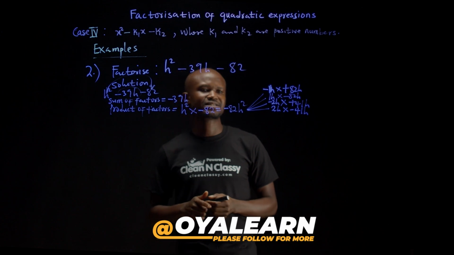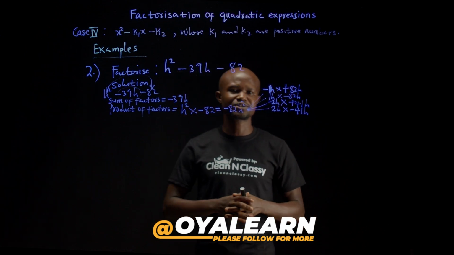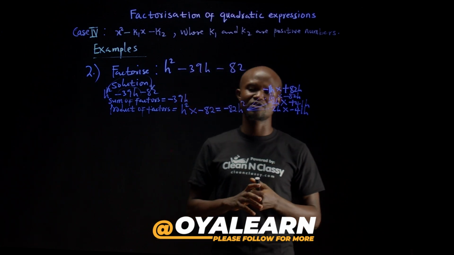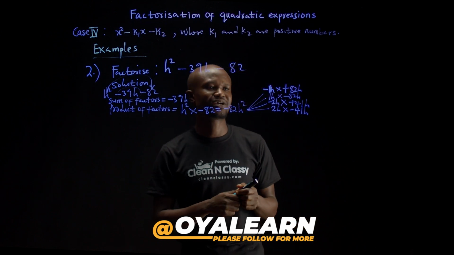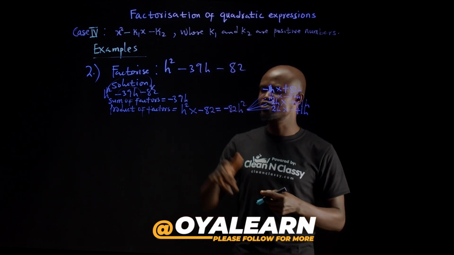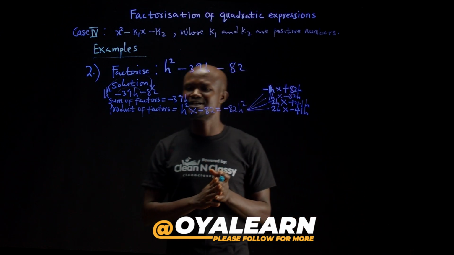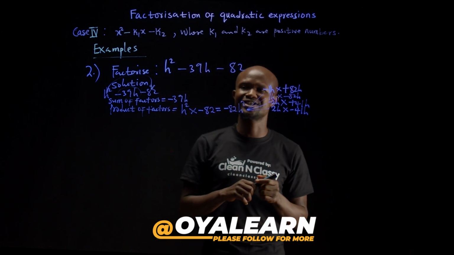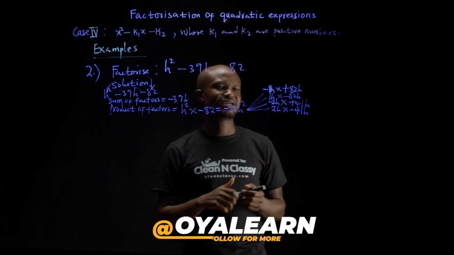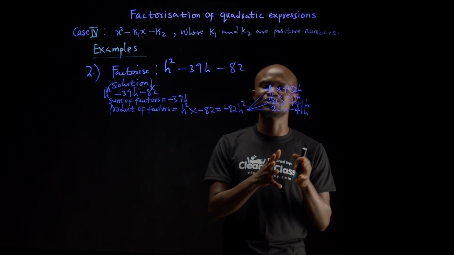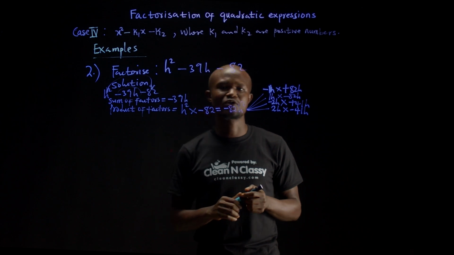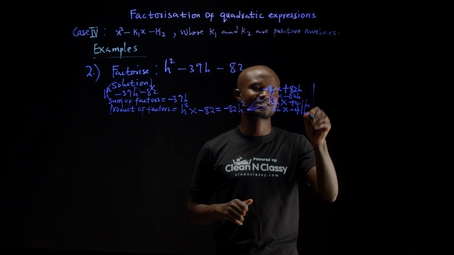So these are the set of possible values we can have for minus 82h squared. Now, for us to determine which of the set of value that is valid for this quadratic expression, it means that the set of value must satisfy the sum condition. Now let's do that.